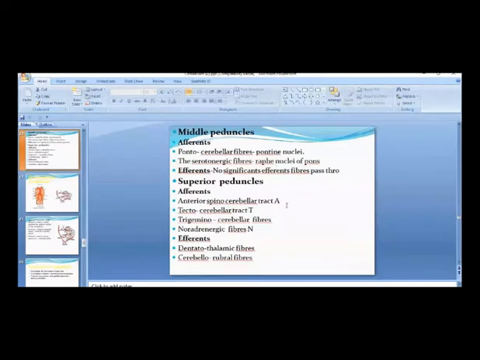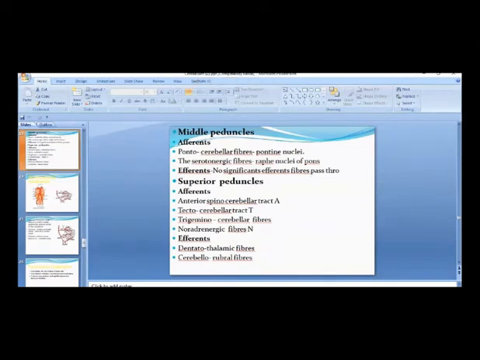Do you understand? Middle cerebellar peduncle connects to the pons. So from the pontine nucleus, pontocerebellar fiber is coming, and from the nuclei of the pons, fibers coming. In the middle cerebellar peduncle there is no enemy, so no efferent, no significant fibers are passing.